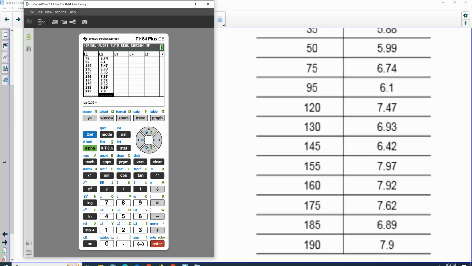Did everyone get their data entered? And so we're going to do our regression line again. So we go to Stat, Calculate, number 4, our linear regression, which should just say X list is L1, Y list is L2.